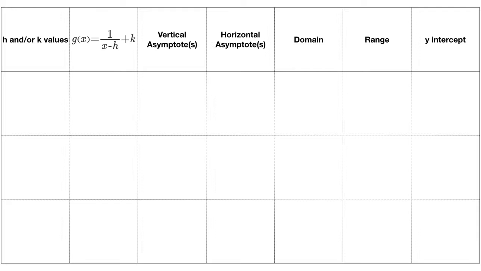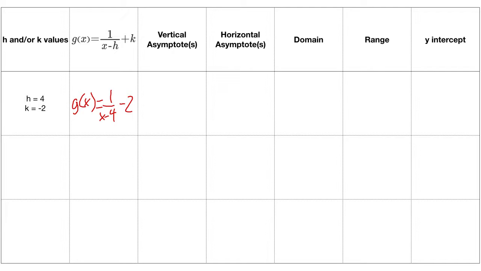Okay. So now we're going to fill out this little table. Here's our top level. So first we're given an h and a k value. So if we're going to fill this out, it would be g of x equals 1 over x minus h, so 1 over x minus 4, minus 2. So let's talk about our vertical asymptote.